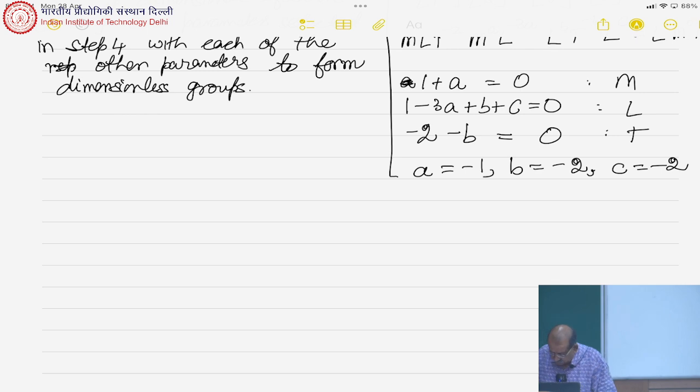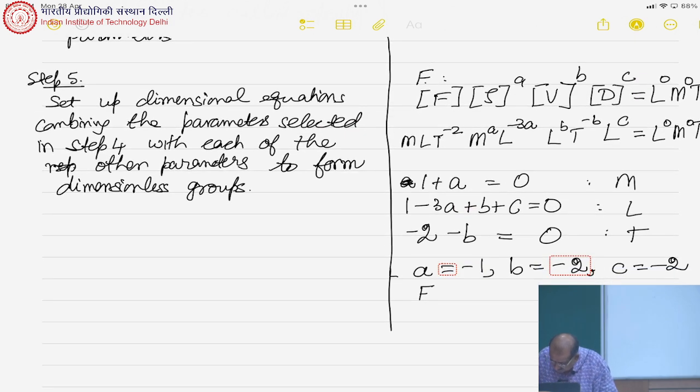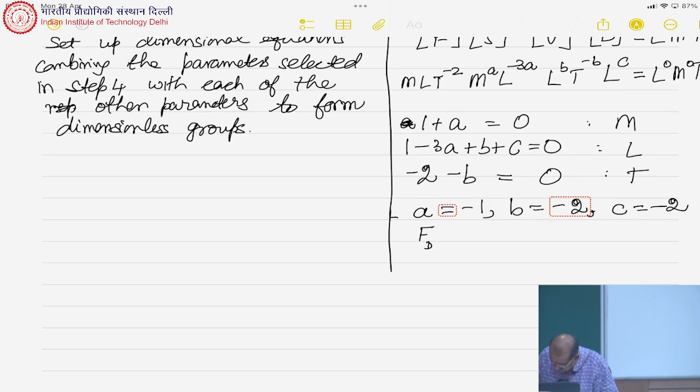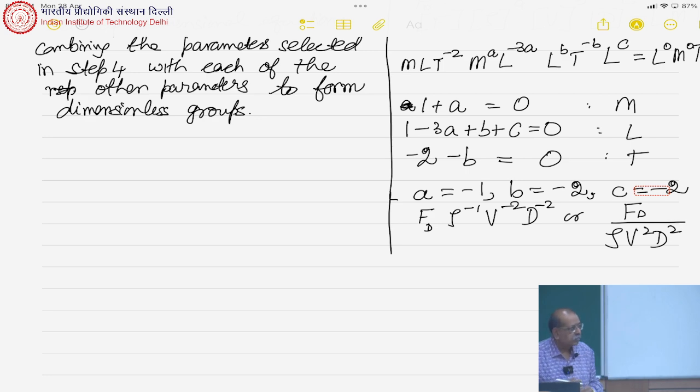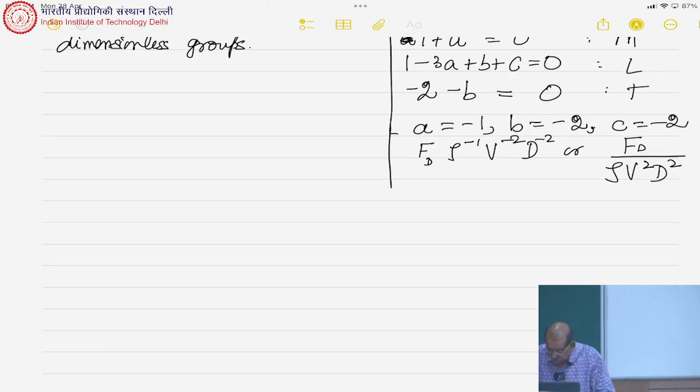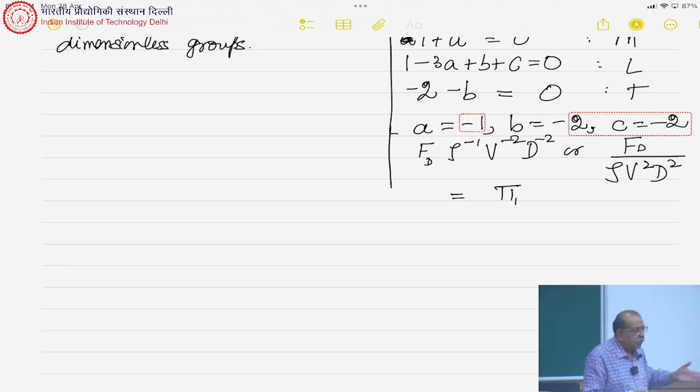So therefore, we get F, we called it F d times rho to the power minus 1, and this dimensionless group, we call it a pi group.